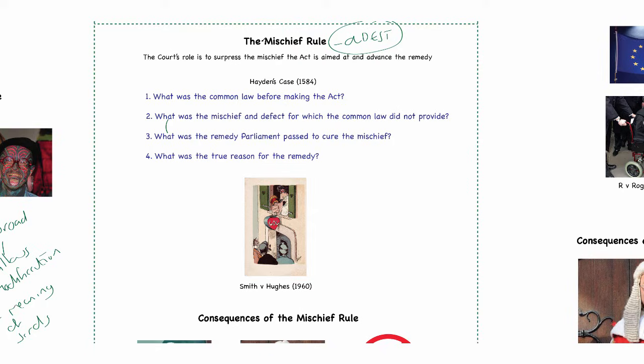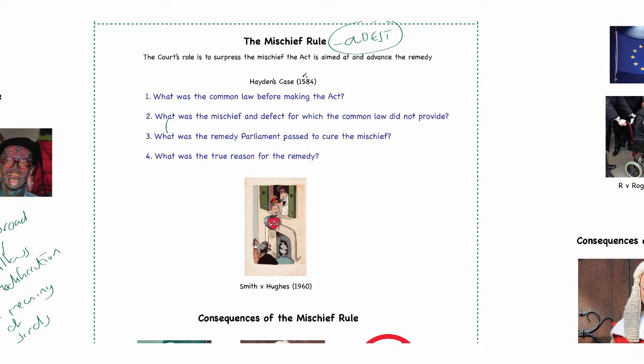The OAPA was introduced in 1861 to stop some mischief, to stop some things happening that were obviously wrong in society, that Parliament thought that it had to make an Act of Parliament. The mischief rule looks at that period of time before the Act was made. Now that's important because it's slightly different and will help me to explain the purposive approach in a moment.